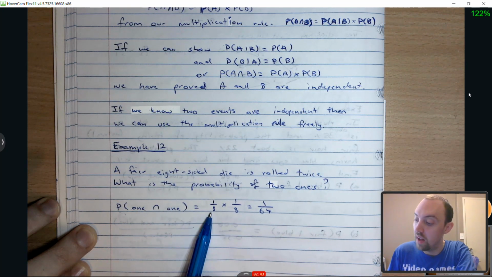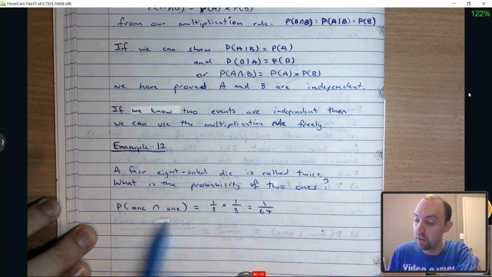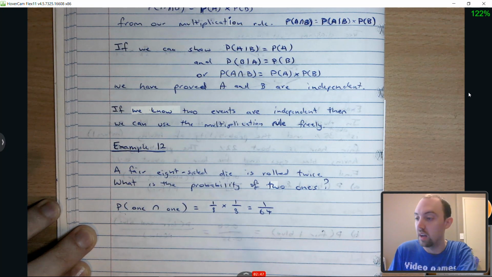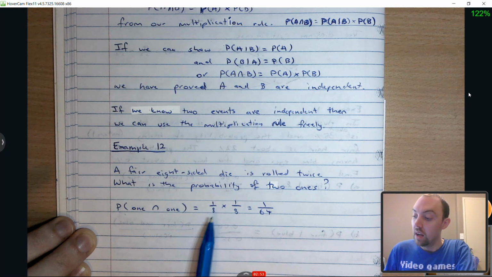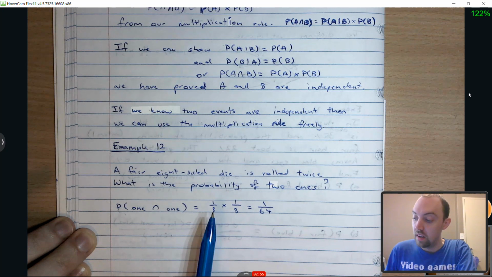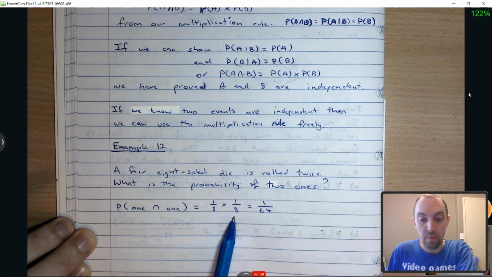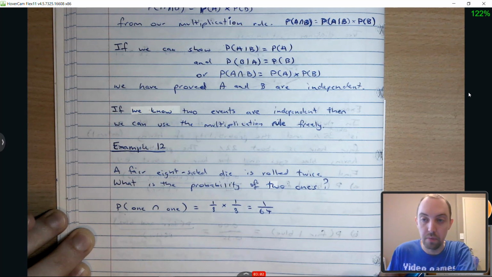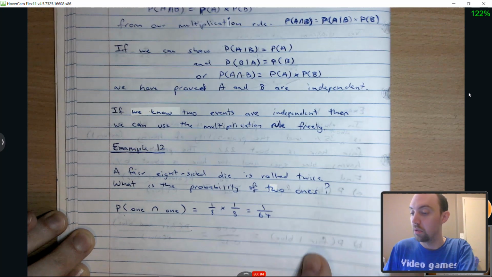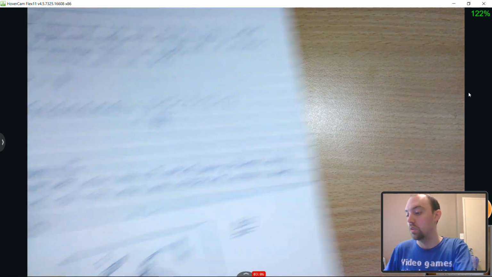Because this is happening twice and each roll is independent, that first roll doesn't change the probability of the second roll, which some people can struggle to get their head around. So it's 1/8 times 1/8, because they're both the same probability, and we get 1/64. So we've just used our multiplication rule to solve that problem.